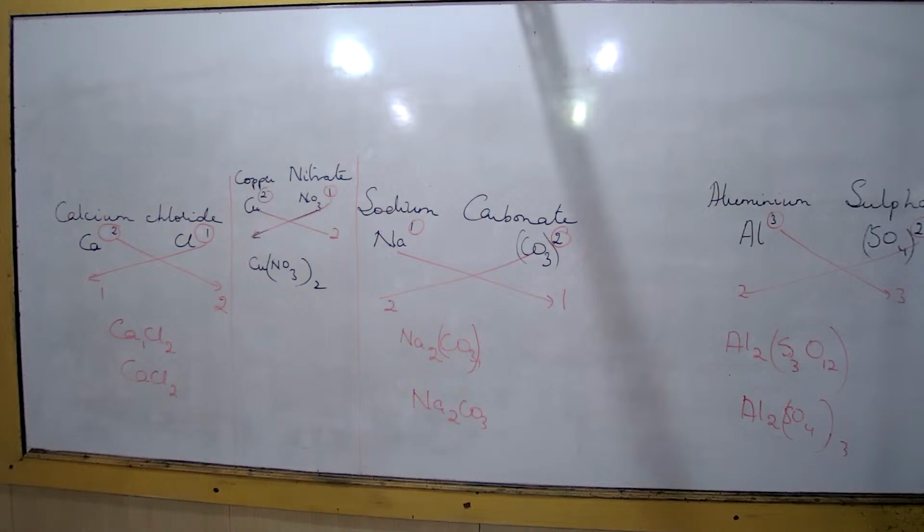Cuprous is 1 and nitrate is 1. So what will be the formula then? Correct. Or you are scratching your head. Scratch your brains. He's sleeping and scratching his eyes. Followed now, all of you? So now, shall I go to how do you name compounds?